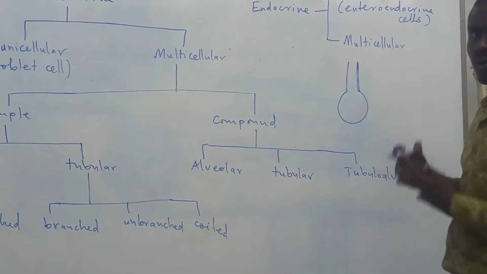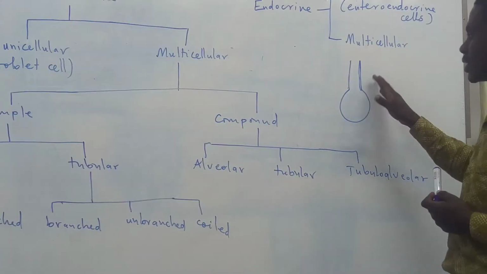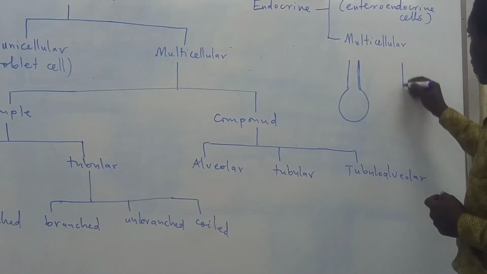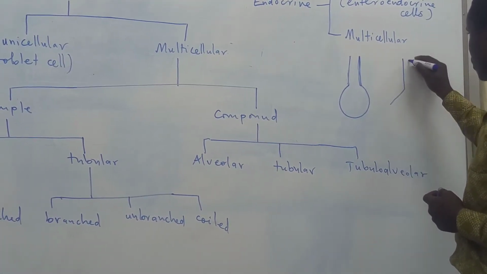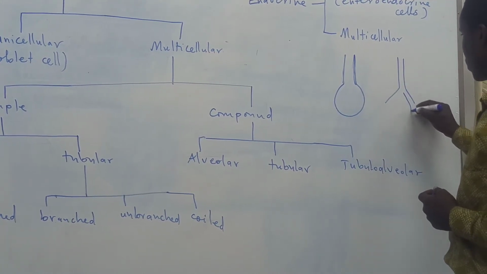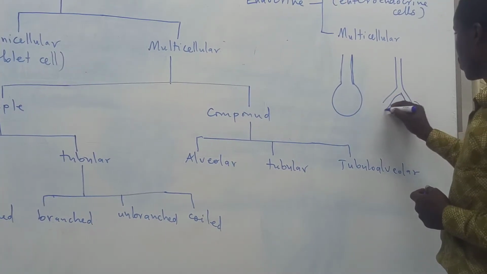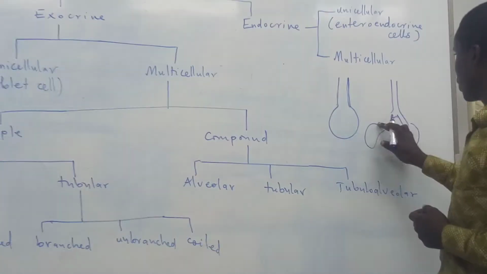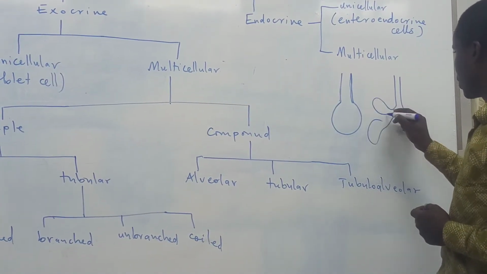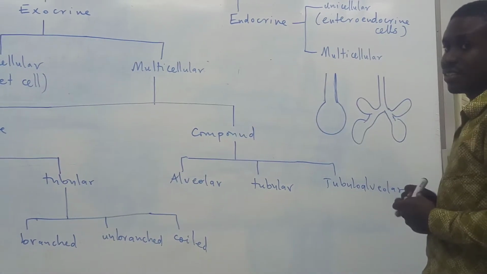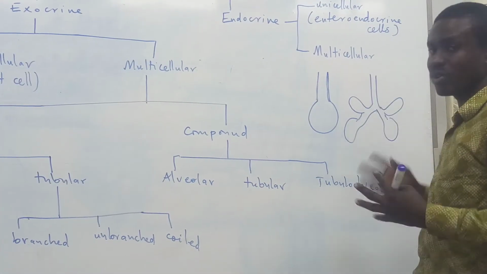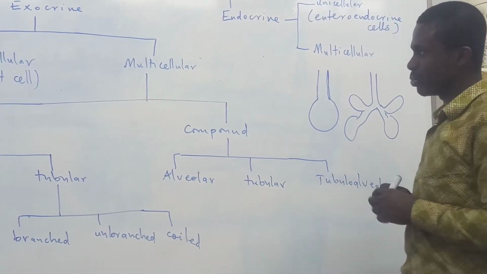The duct which conveys the product is not branching, therefore it's simple. It could also be this way. Let's say these are secretory units. It's still simple because the main duct is not branching.